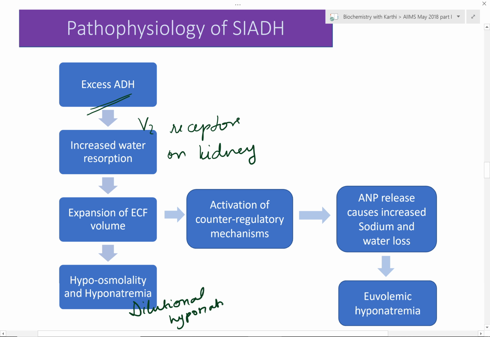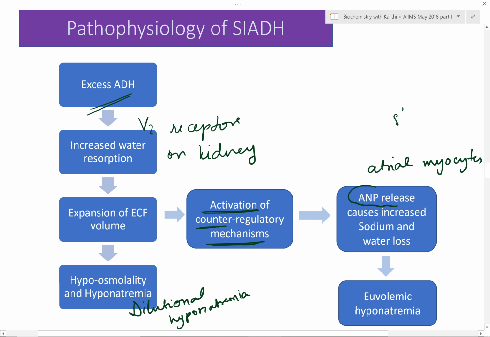But the expansion of the ECF volume should also cause the activation of counter-regulatory mechanisms. So we have mechanisms that regulate the blood volume when it is too low or when it is too high. So here the counter-regulatory mechanisms are getting activated, such as the release of ANP. ANP is released from the atrial myocytes in response to stretch.